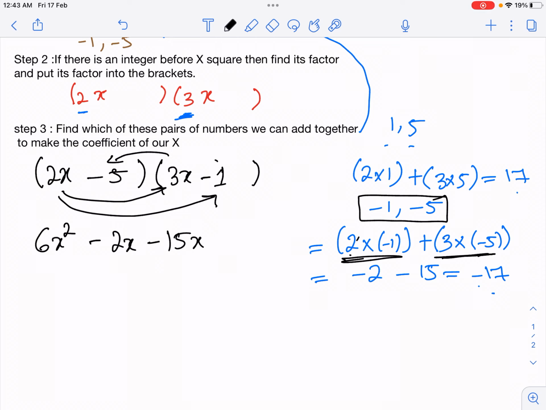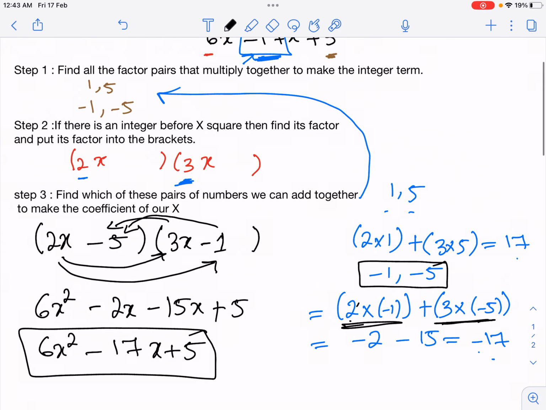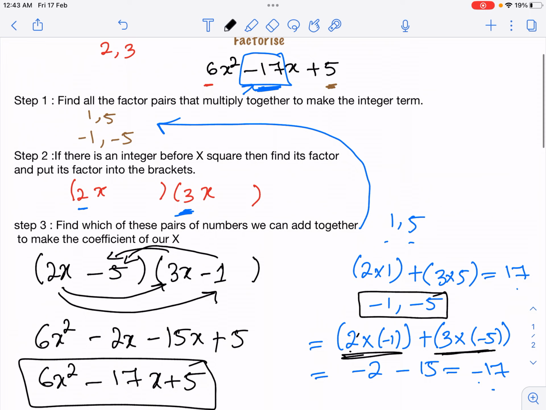Then negative 1 multiplied by negative 5 is 5. So it will be 6x squared minus 17x plus 5, which is the same quadratic that was given in the question at the beginning, 6x squared minus 17x plus 5.